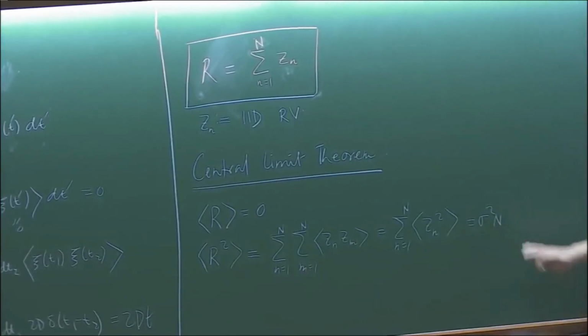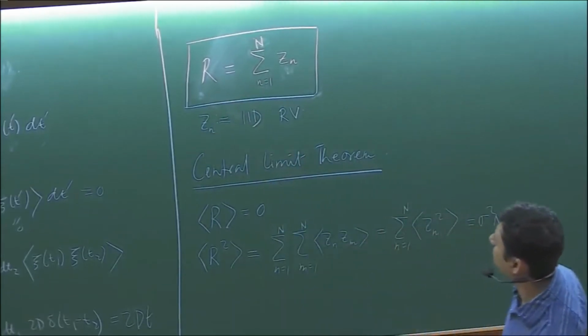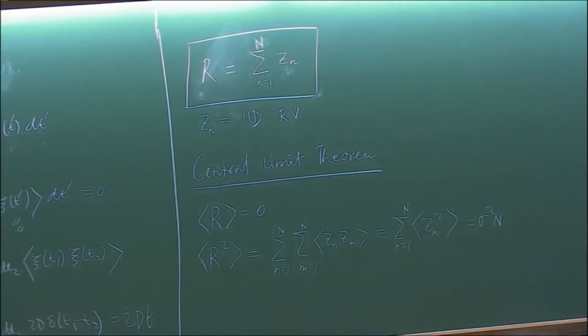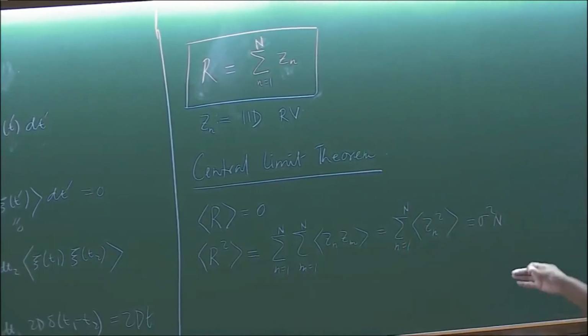This sigma squared is not very important. I can just put it to 1. It's just a scale. So if I have a random variable whose mean is 0 and variance is this one, what is the meaning of a variance usually? Just a spread. So it gives you a scale.